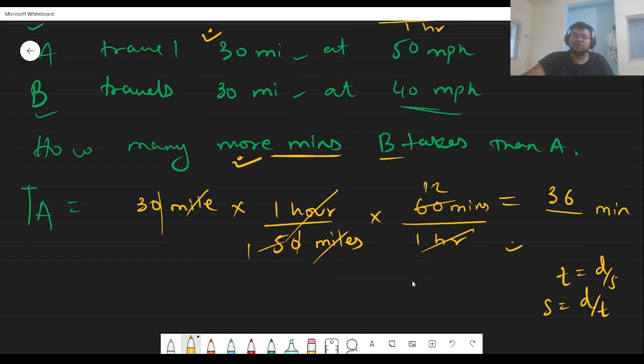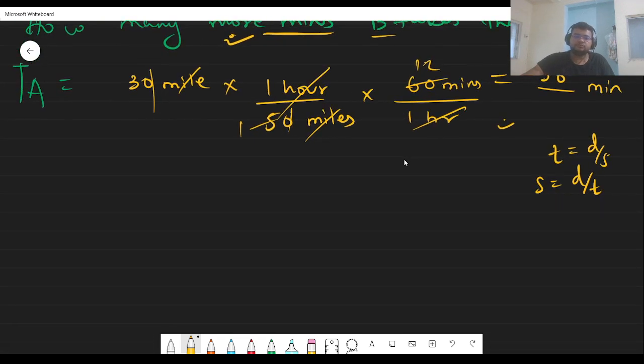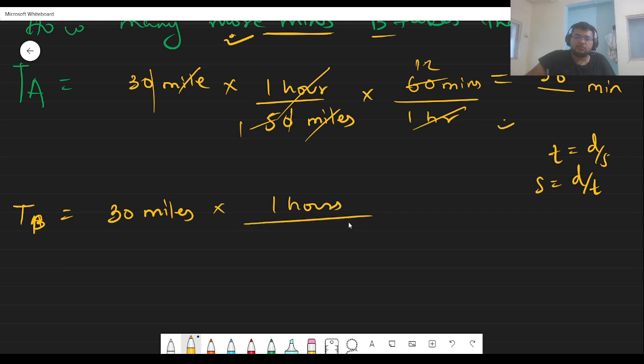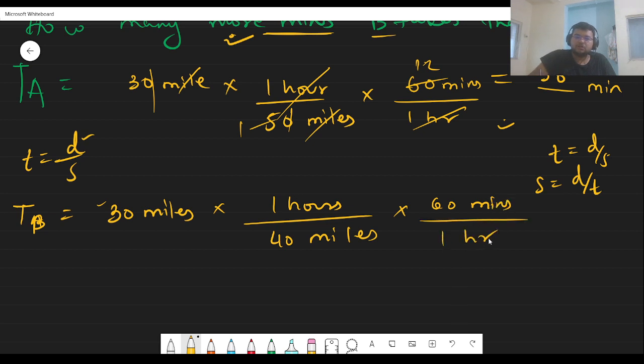Now we'll calculate TB, the time required by B. The solution will be the same type of thing. The distance is the same, that is 30 miles, and the speed is 40 miles per hour. Time equals distance upon speed, so 30 miles over 40 miles per hour, into the conversion rate of 60 minutes per hour.